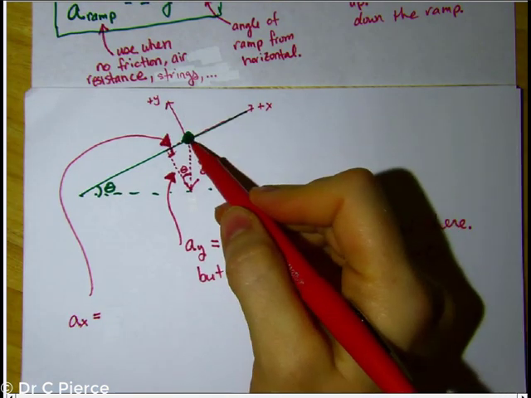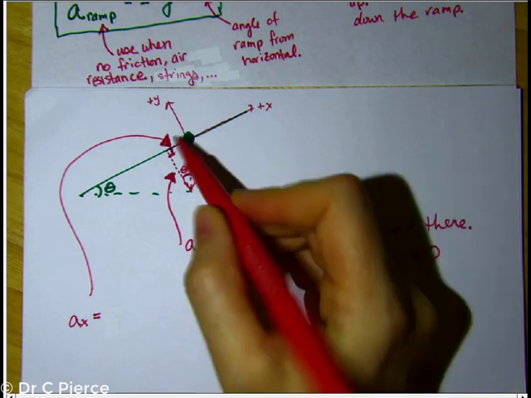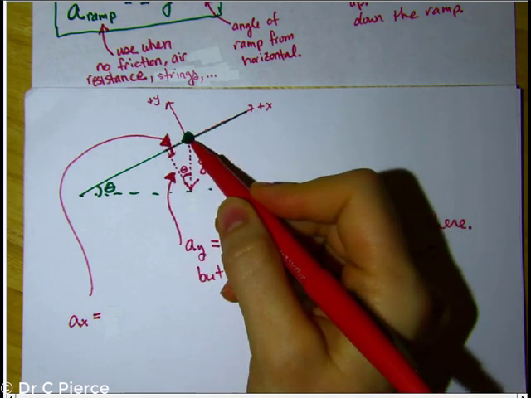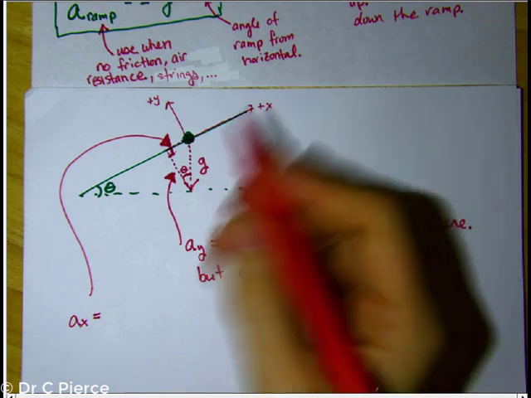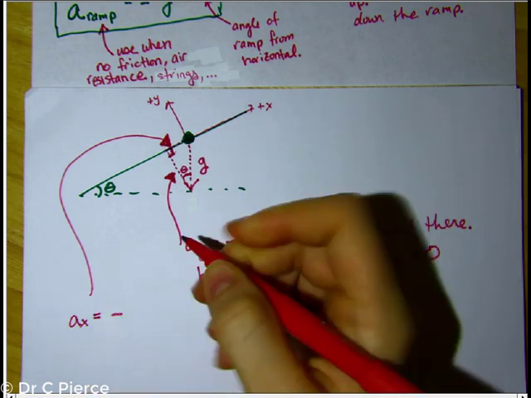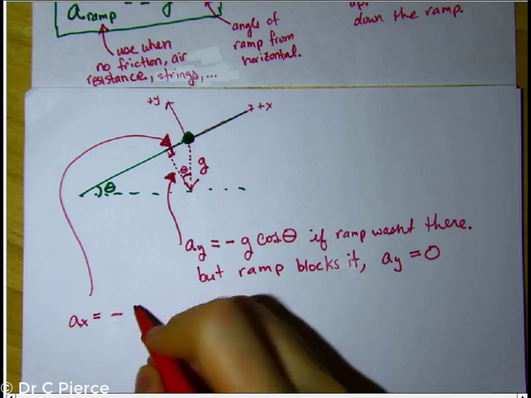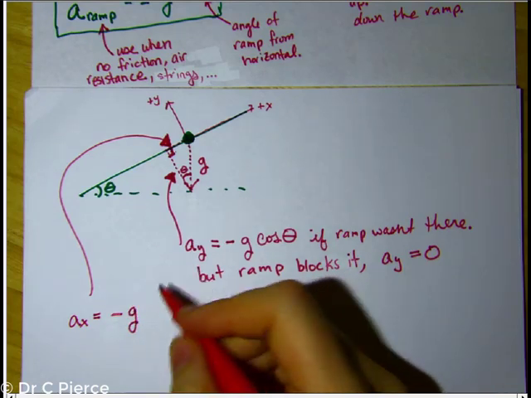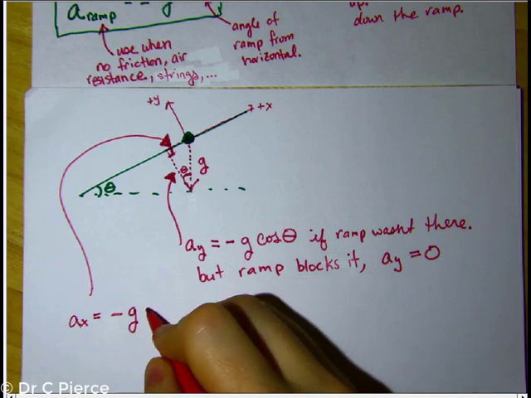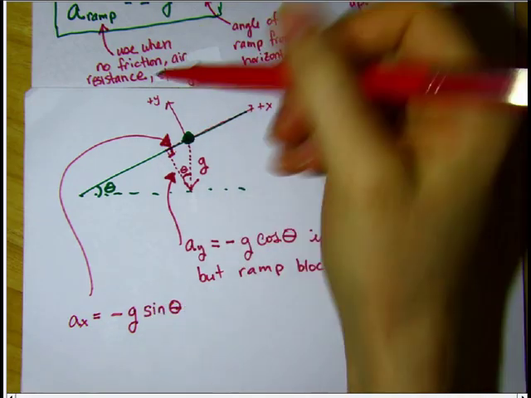Now for this coordinate system, this part of the triangle is working leftwards, but my coordinate system is positive to the right, so I'm going to choose minus. The hypotenuse, which was G, times sine of the angle. All right, and so that's where that equation came from.